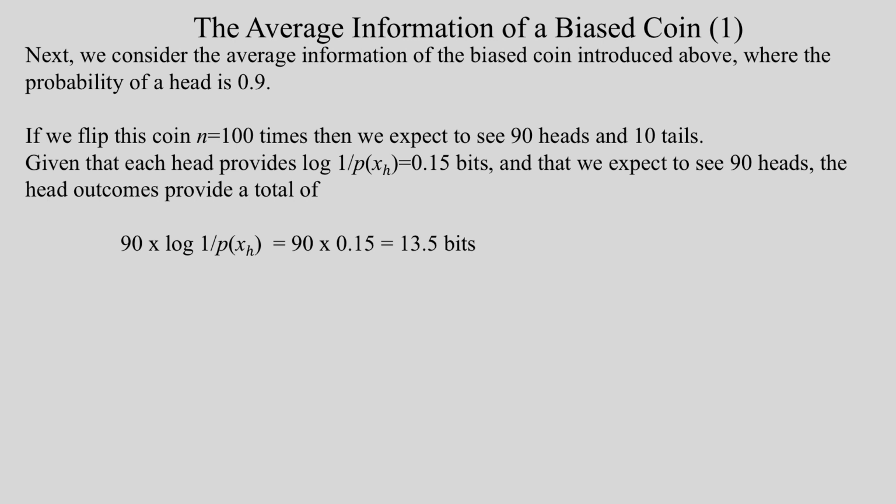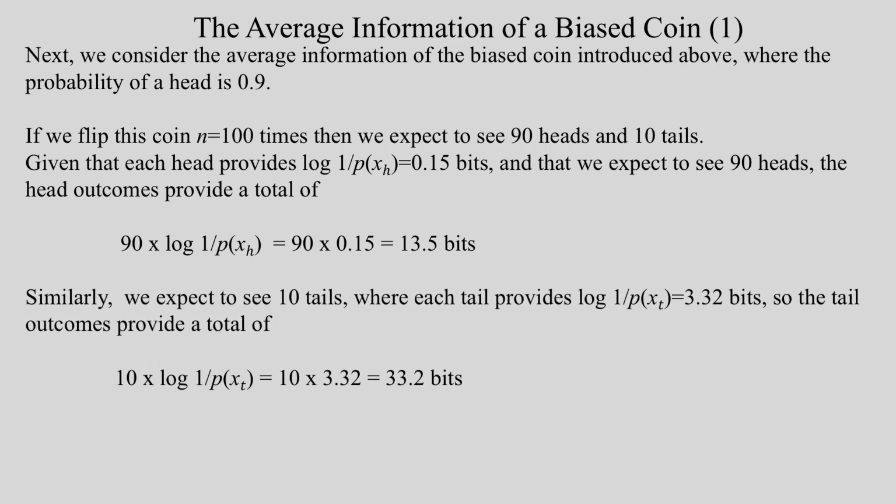Next, we consider the average information of the biased coin introduced above, where the probability of a head is 0.9. If we flip this coin 100 times, then we expect to see 90 heads and 10 tails. Given that each head provides 0.15 bits and that we expect to see 90 heads, the head outcomes provide a total of 90 times 0.15, which comes to 13.5 bits.